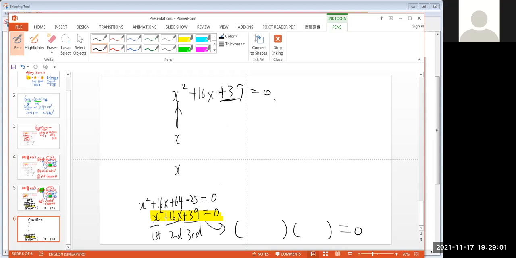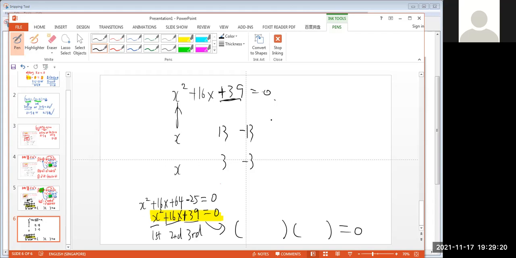So how do you get plus 39? Okay, there are many combinations. One of them can be 13 times 3, right? Then the other variation is negative 13 times negative 3, right?